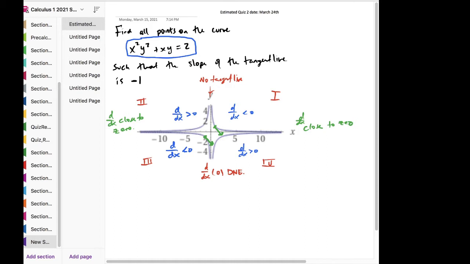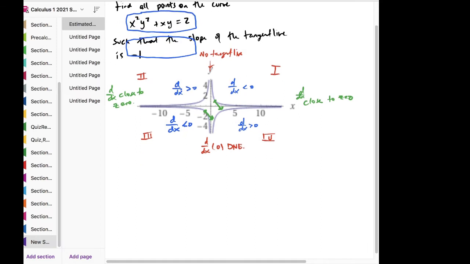Yeah, if you plug in x equals 0 here, you'll get 0 equals 2. Similarly, if you plug in y equals 0, you get 0 equals 2. So that's further evidence to why this graph might be okay, right? You can't plug in an x value because then that's a vertical asymptote. You can't plug a y value because that's the horizontal asymptote. There's no x-intercept here.